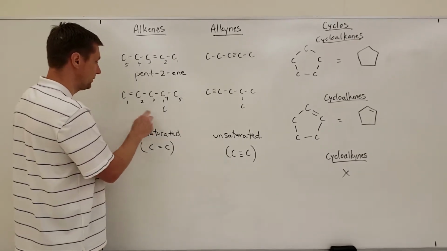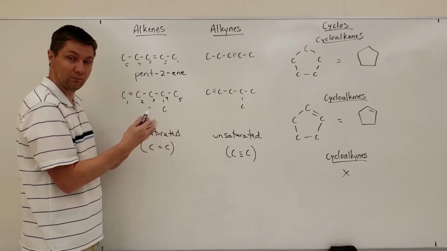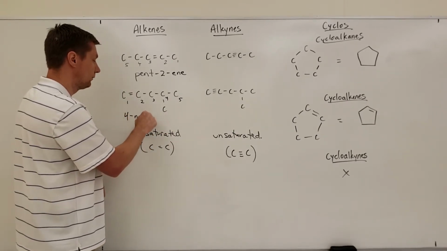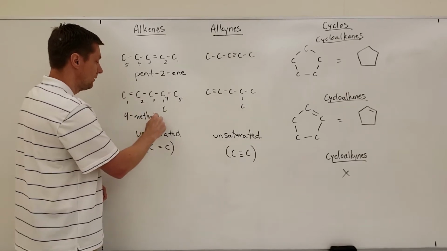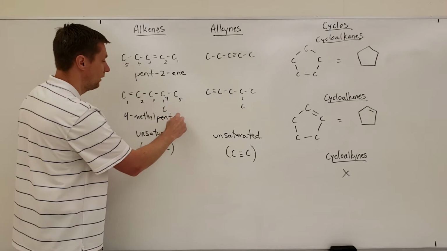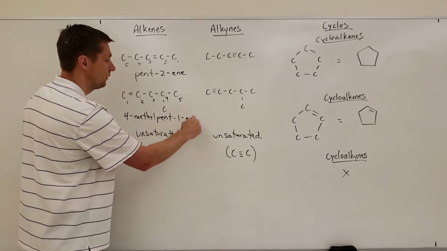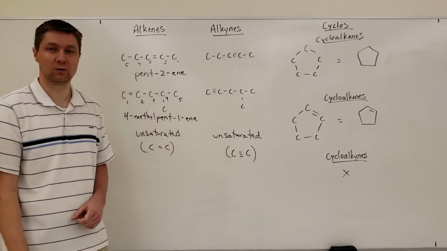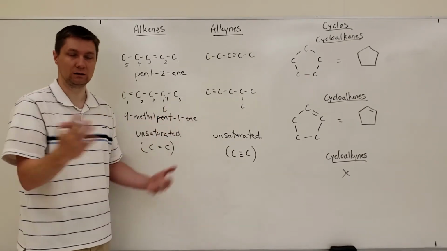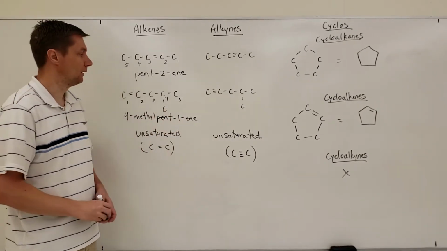First of all, we have to name the branch. So the branch is 4-methyl, and then pent, because that's the parent chain, and the double bond is on carbon 1, so we say 1-ene. So 4-methyl pent 1-ene is the name of that compound.